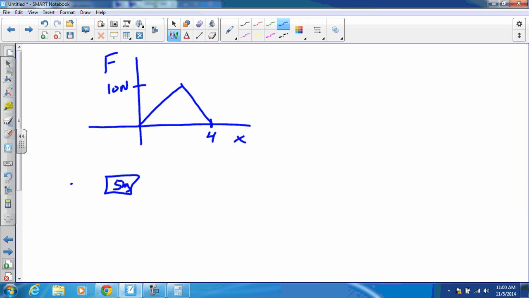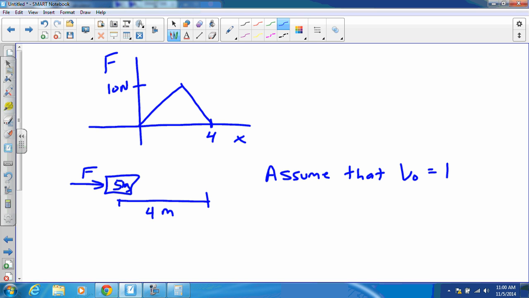We are given a 5 kilogram object that is subjected to this force as seen in the diagram, and it travels a distance of 4 meters. Assuming, let's make up a number, that v0 is equal to 1 meter per second, what is v final after 4 meters distance?